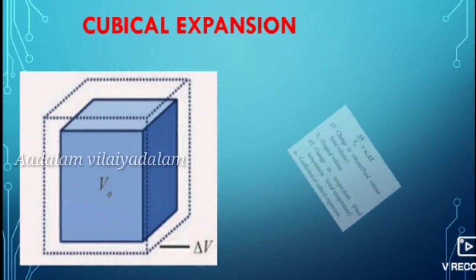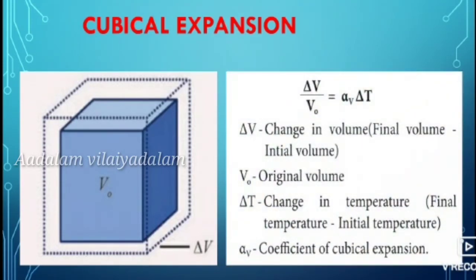It is calculated by delta V by V naught is equal to alpha V into delta T. Delta V is change in volume, V naught is the original or initial volume, delta T is the change in temperature, and alpha V is the coefficient of cubical expansion. Using this value we find the coefficient of cubical expansion.